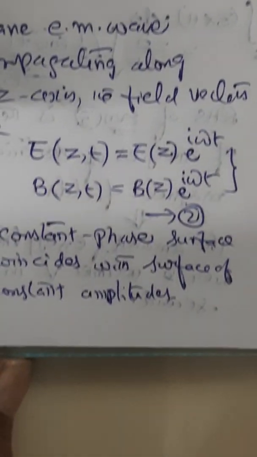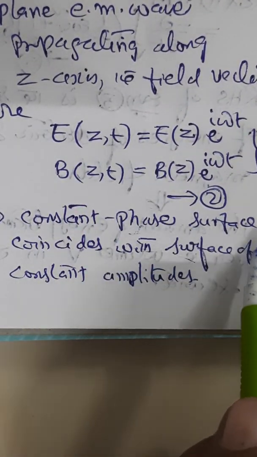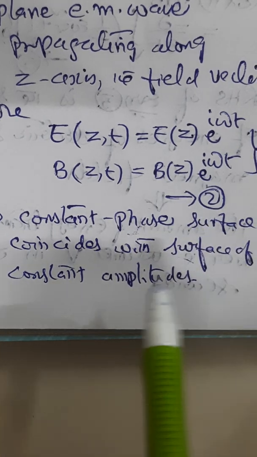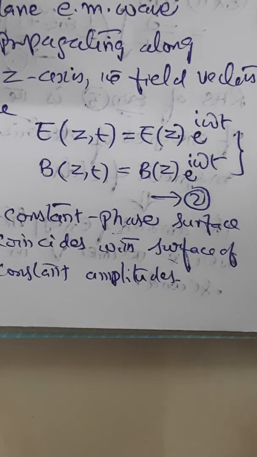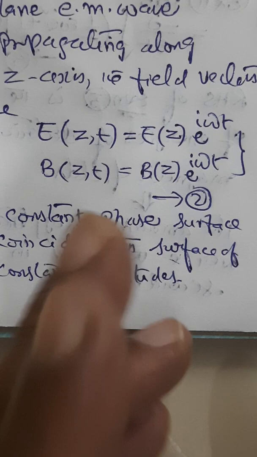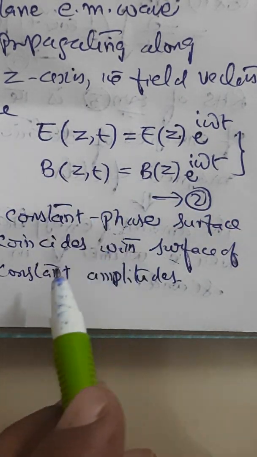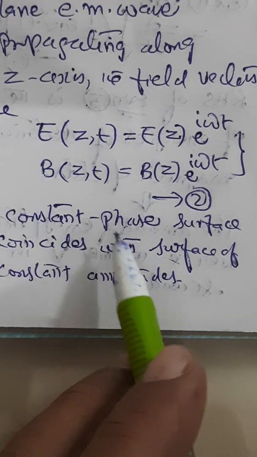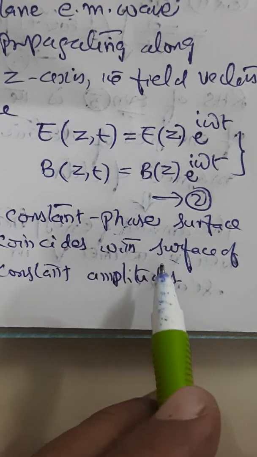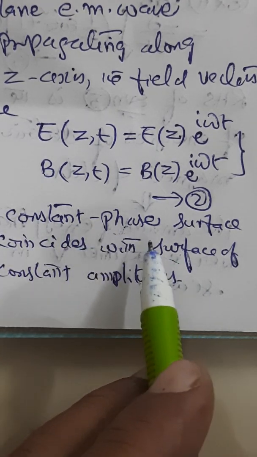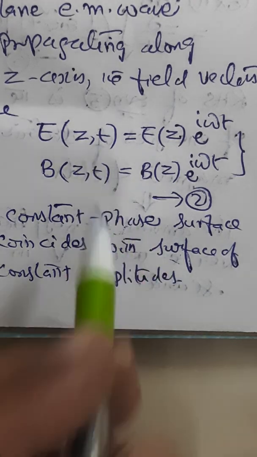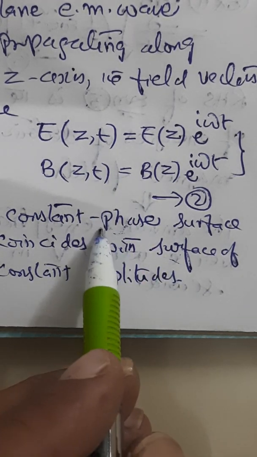Homogeneous basically means the constant phase surface coincides with the constant amplitude surface. Therefore they are called homogeneous electromagnetic waves. We can derive the equations for such field vectors from potentials, directly from the field vectors.